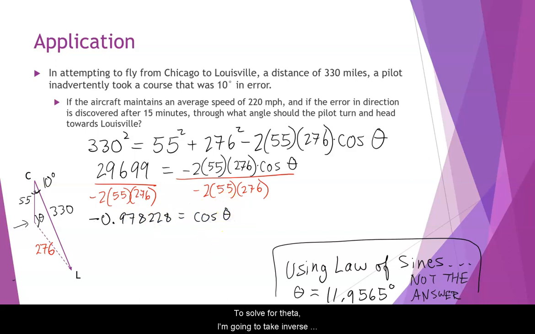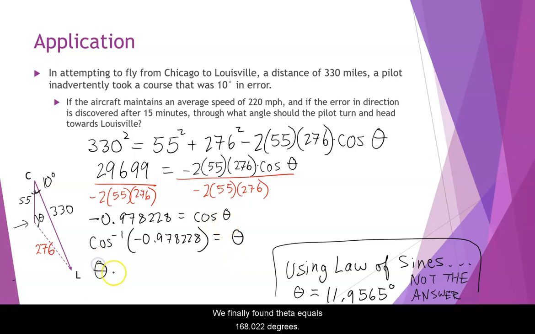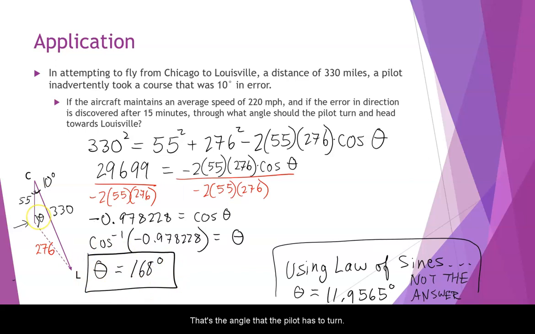To solve for theta, I'm going to take inverse cosine of both sides. So inverse cosine of that number there equals just theta, because inverse cosine of cosine is theta. And we finally found theta equals 168.022 degrees. I'm going to round that to 168 degrees. That's the angle that the pilot has to turn.